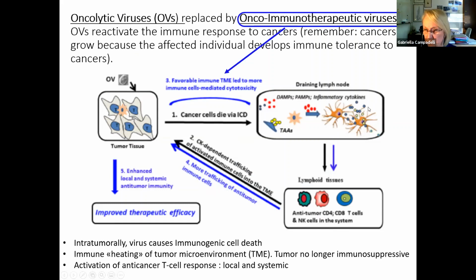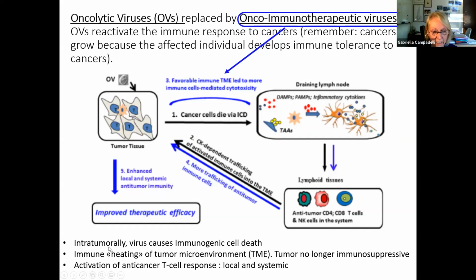There are a bunch of modifications to the tumor microenvironment, which result in activation of CD4, CD8 cells, and NK cells. And these are recruited to the tumor microenvironment, to the tumor bed. And now there is an enhanced local and systemic anti-tumor activity.